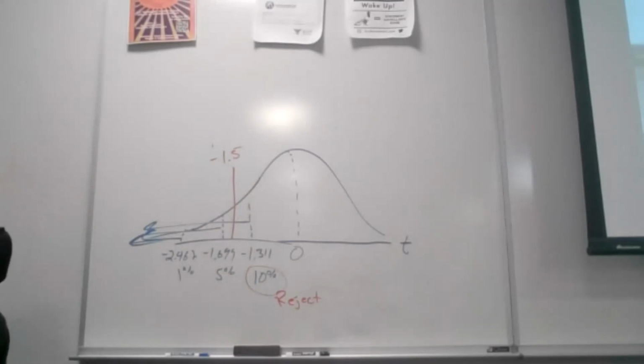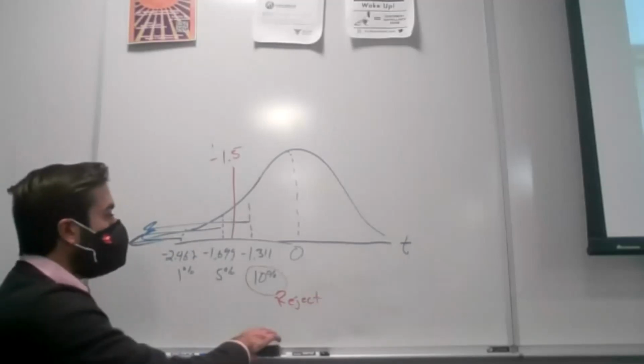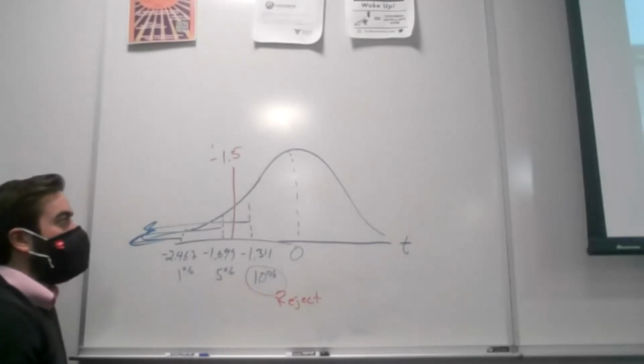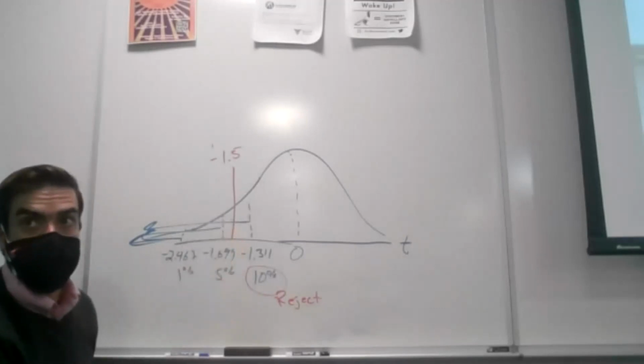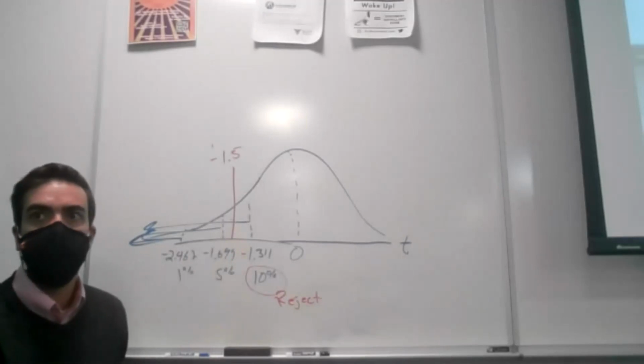What if I didn't have these critical values? We kind of got this down, but let's say all I have is my test statistic. What other approach could I use?